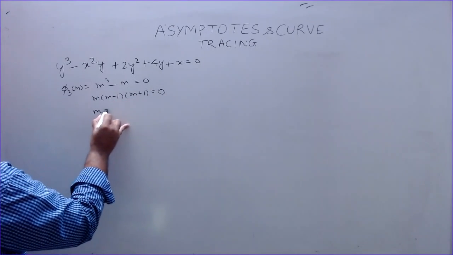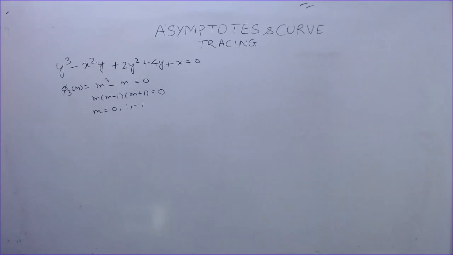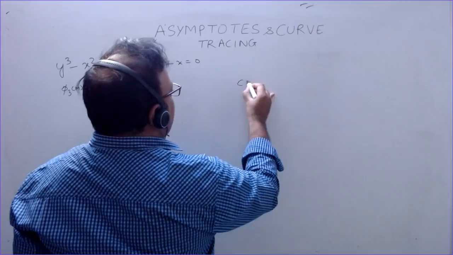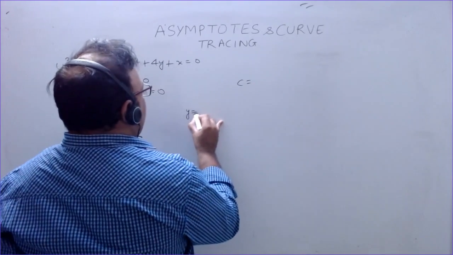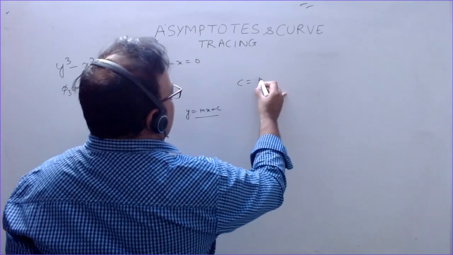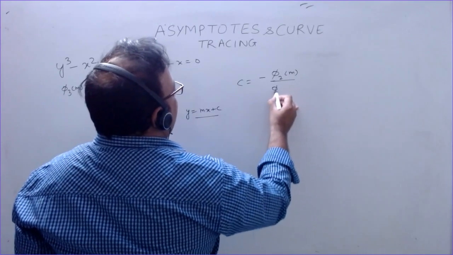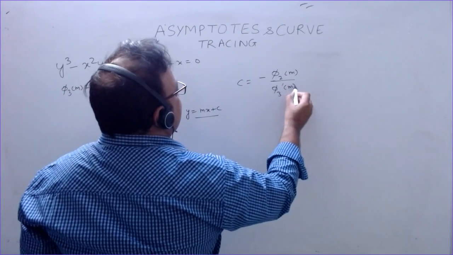So m equals 0, 1 and minus 1. So it has three asymptotes, with these slopes, and you know that y equals mx plus c is the asymptote. So c is minus phi 2 of m by phi 3 dash of m.